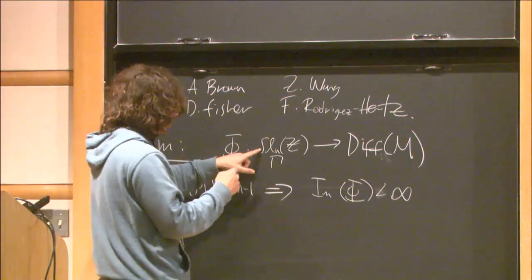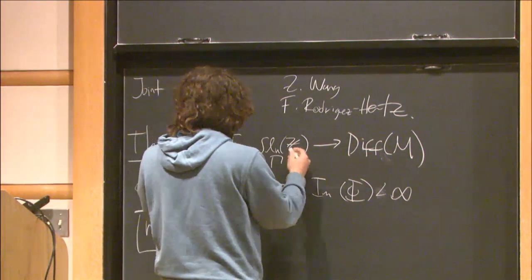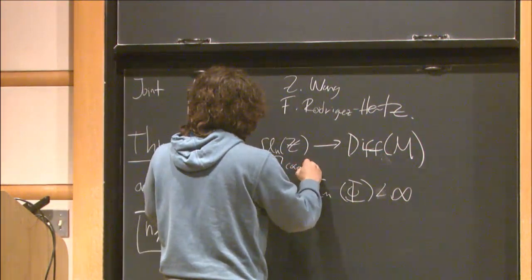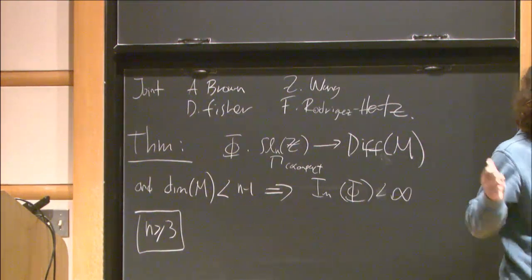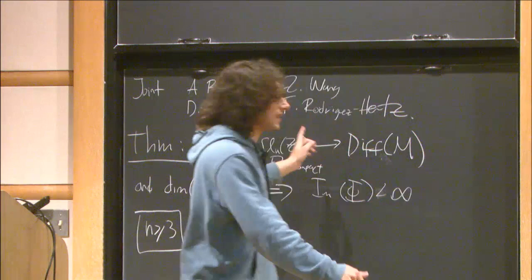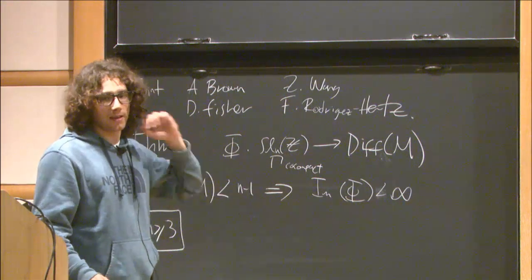Yes, so we proved this for SL_n(Z), or Gamma when Gamma is co-compact, meaning that the quotient G mod Gamma is compact. But co-compact lattices are very horrible to write.